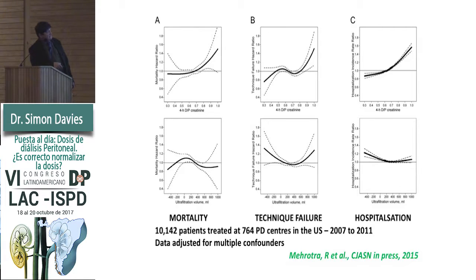And this is data from Raj Malhotra and actually published in 2015 from, I think it's the DaVita database in the US, again showing that for mortality, technique failure and hospitalization, high solute transport is associated with increases in risk of death, technique failure and hospitalization.